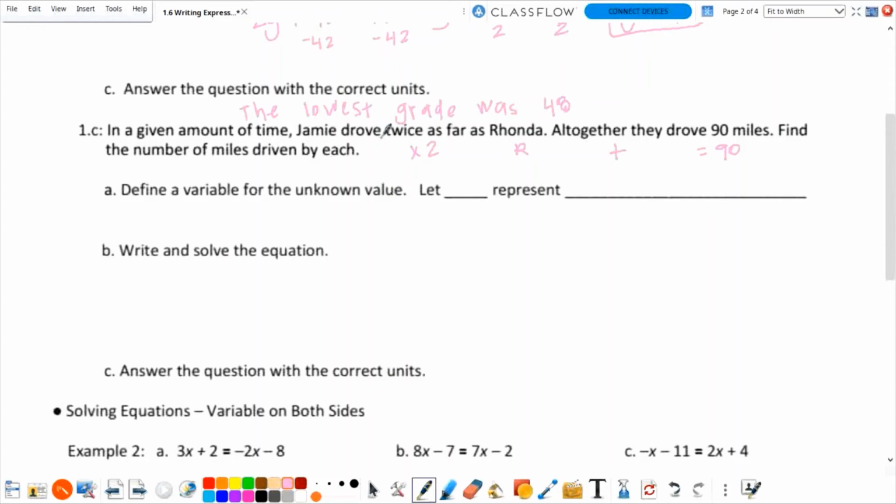Okay, so we know that Jamie drove twice as far as Rhonda, so we need to figure out how far Rhonda drove, and then we can say, okay, well, Jamie drove twice as far. So we're going to figure out how far Rhonda drove first, so we're going to use the variable R, and that's going to represent the number of miles that Rhonda drove.